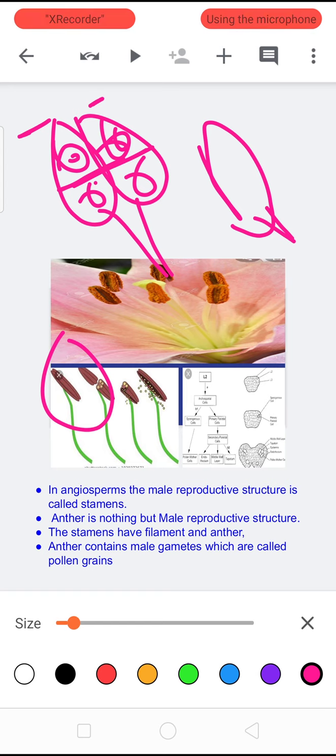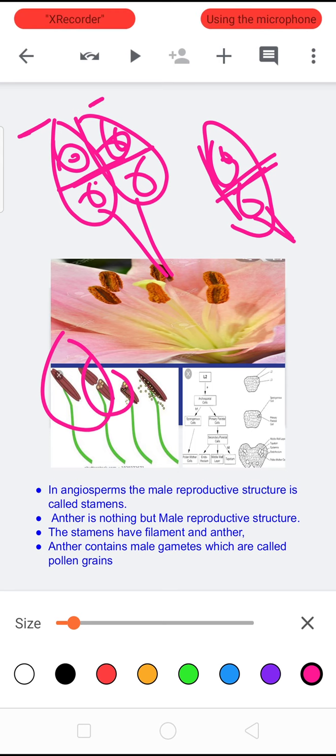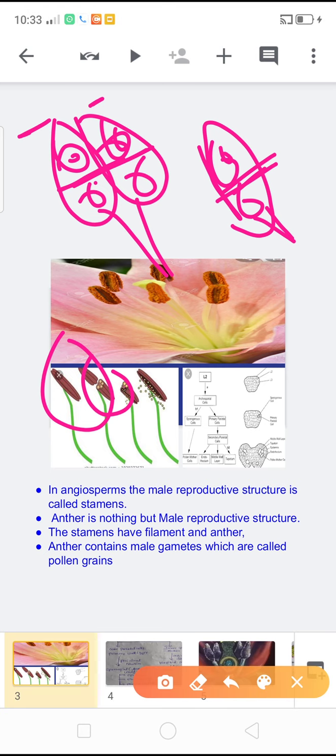This is found in the family Malvaceae. Only one septal wall is found, which divides the anther into two lobes, two pollen sacs. This anther is known as microsporangium and ovule is known as megasporangium.